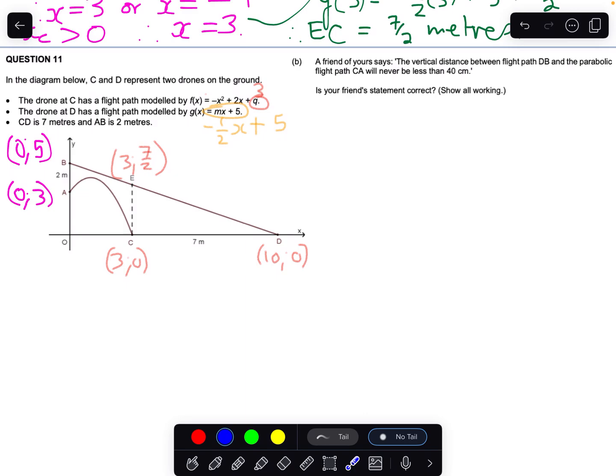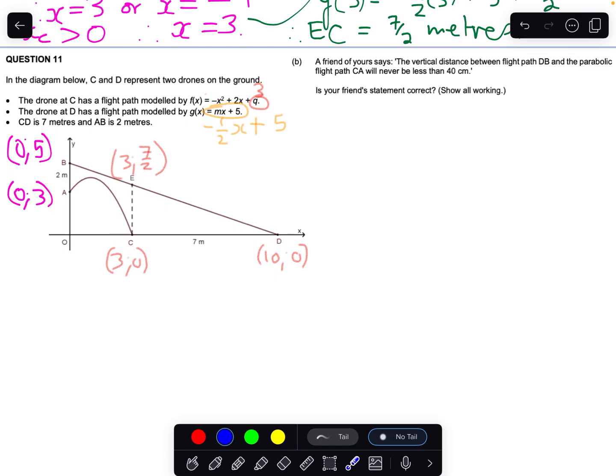We can start off by looking at the difference between g of x and f of x, and if this friend is right, then this difference is always going to be greater than 40 centimeters, in which case that also inadvertently proves that this parabola is always below the straight line, because if it wasn't, then at some point the difference between g and f would be a negative number. So it's fine.